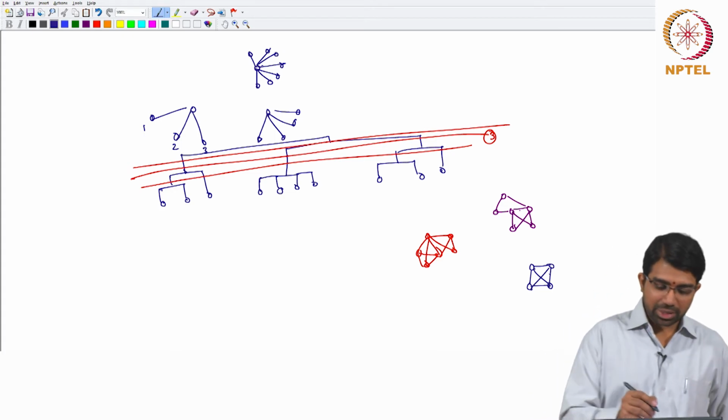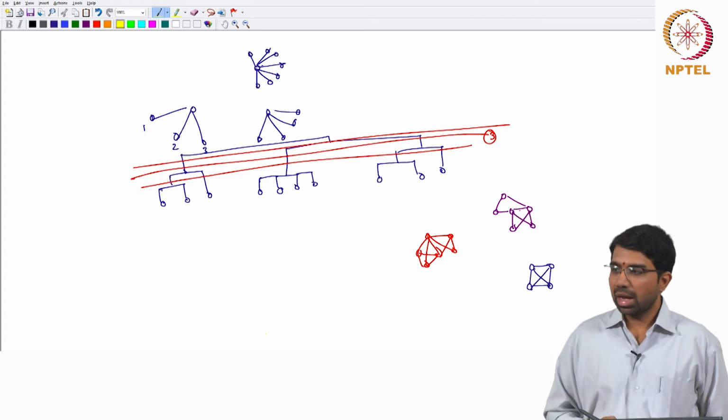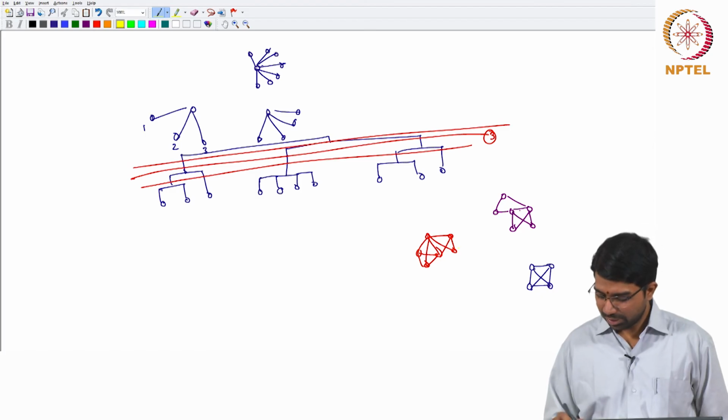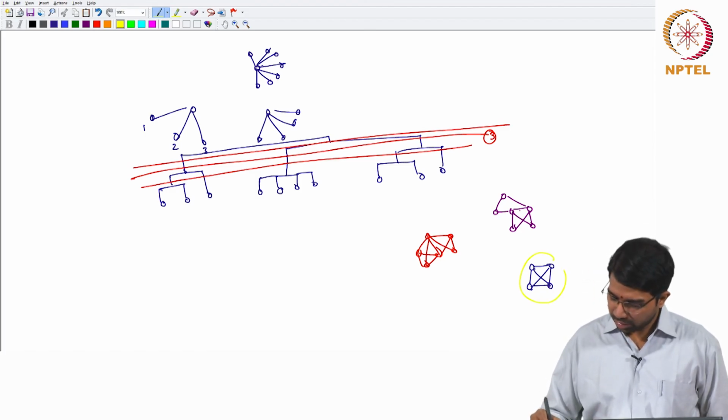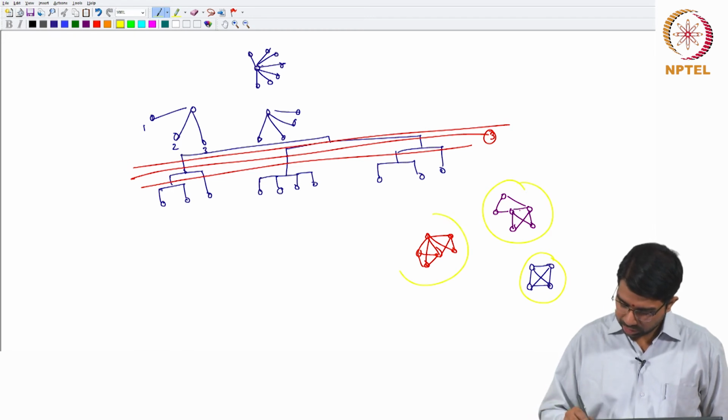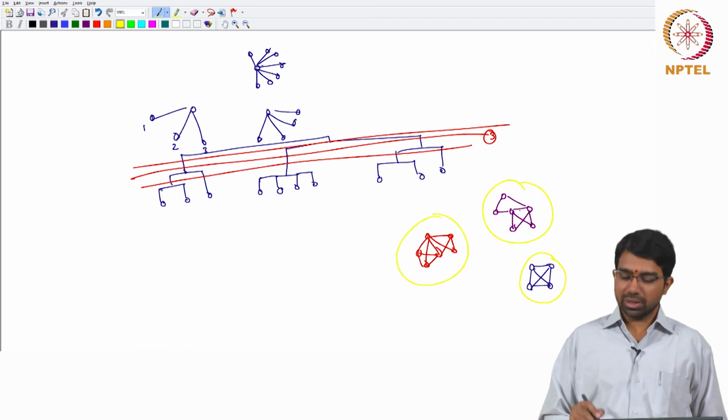Right. And now add edges to these communities. Add edges such that you add more intra community edges, or you already have enough intra community edges, you just throw in a few inter community edges.